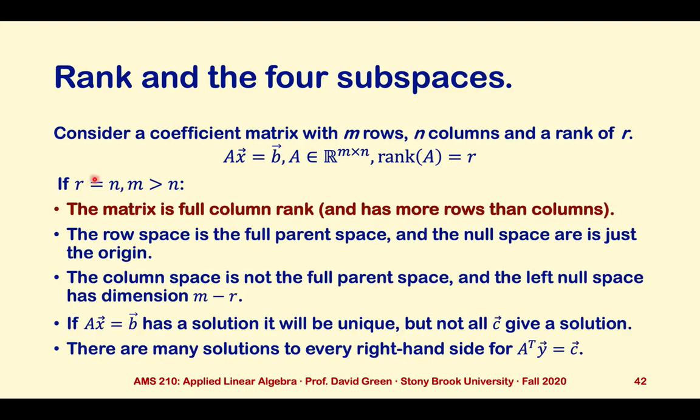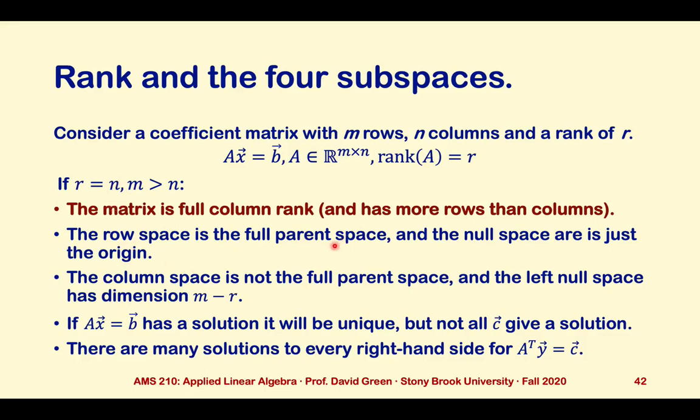In the case where the rank is equal to the number of columns, but the number of rows exceeds the number of columns, more rows than columns, but full column rank, in this case it's the row space that is the full parent space. The row space lives in Rn, and the dimension of the row space, the rank, is equal to n.